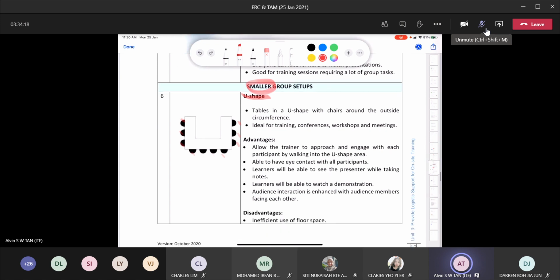Let's look at this U shape. If you were to sit in a U shape, generally the trainer will be here. This is what we mean by where will be the center of attention.